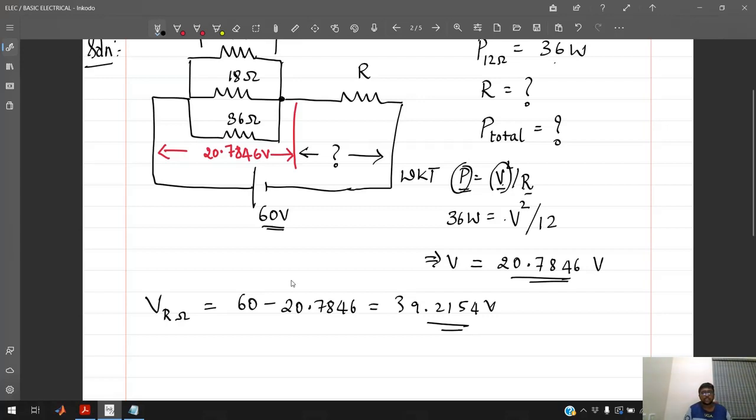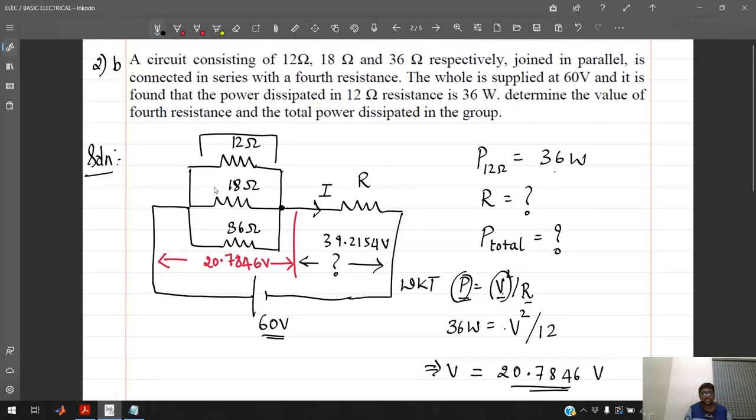But still I don't know the unknown value, because I only know the voltage, that is 39.2154 volts. Current and R are both unknown. So I need to calculate the current flowing through R. The current flowing through R is nothing but the current flowing through all the three resistors.